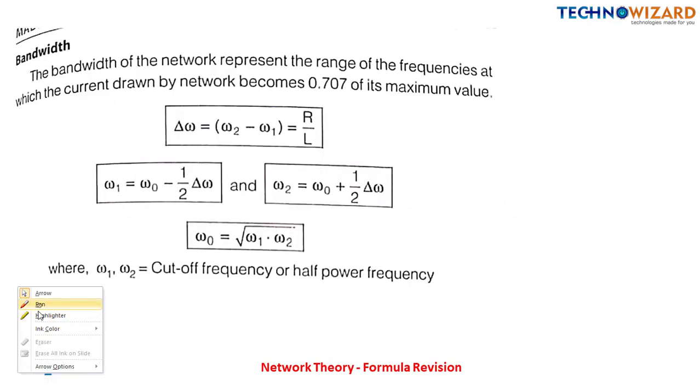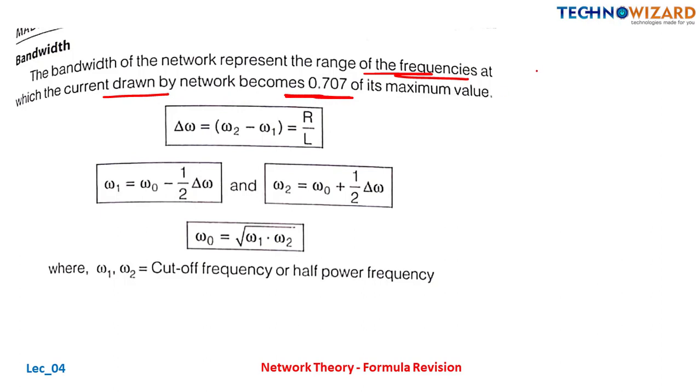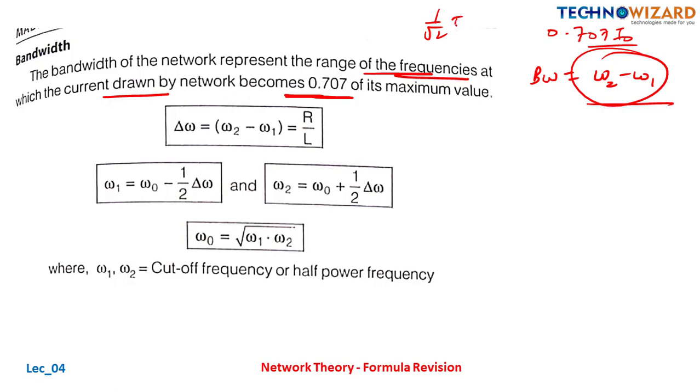Okay, now what is the value of bandwidth? What is bandwidth? The bandwidth of the network represents the range of frequencies at which the current drawn by the network becomes 0.707 of its maximum value. So bandwidth is given by the difference omega 2 minus omega 1, that is the half power frequencies, where the current is 0.707 times I naught, that is 1 by root 2 times I naught, of its maximum value.